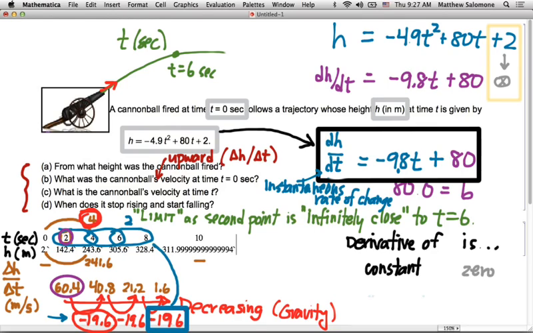So that constant, the number 2, when we passed to the derivative, goes away. It just vanishes.